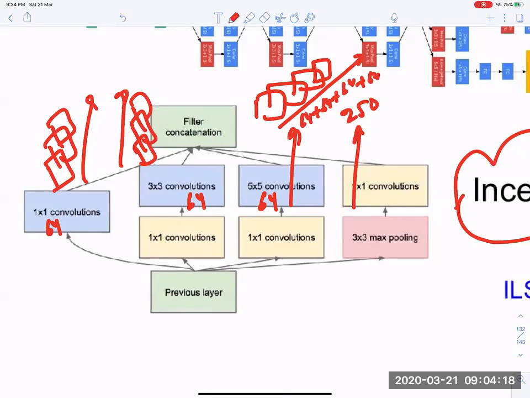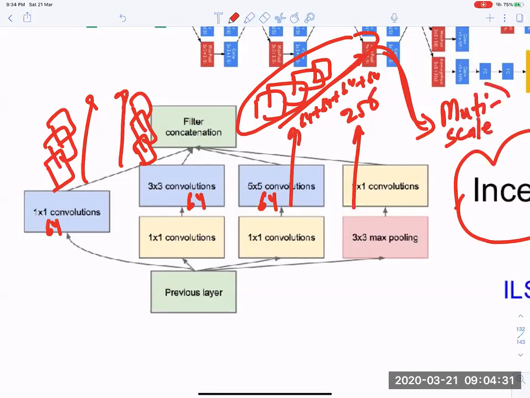So actually I have got a feature like this. This feature is actually coming out of my Inception module. And this feature is a multi-scale feature. It is not a single scale feature. It actually has multiple scaled features in one layer itself.